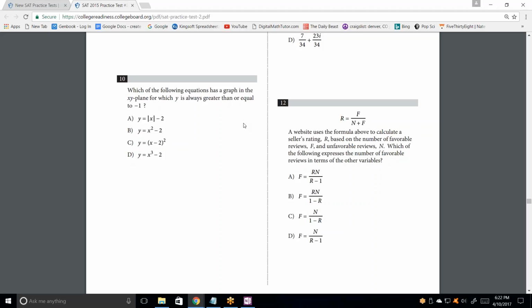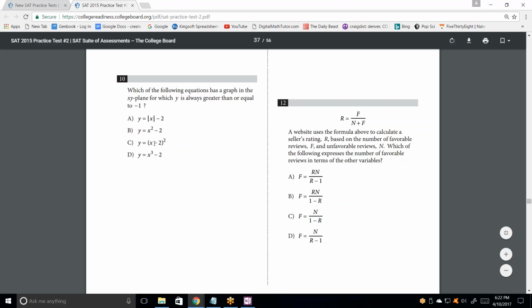In fact, I cannot make y less than -1. Is there a value? No, it's impossible. In other words, if I look at x here, you can't give me a value for x where y will be less than -1, because any number squared is positive.